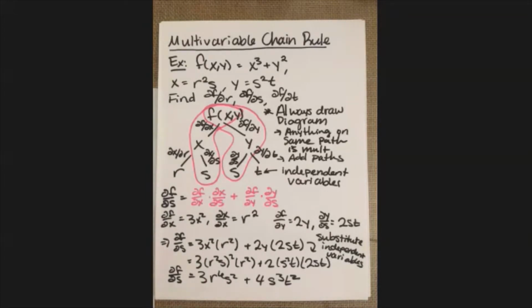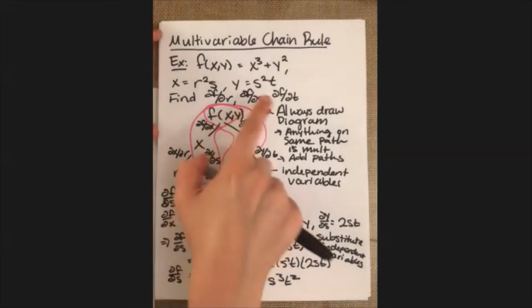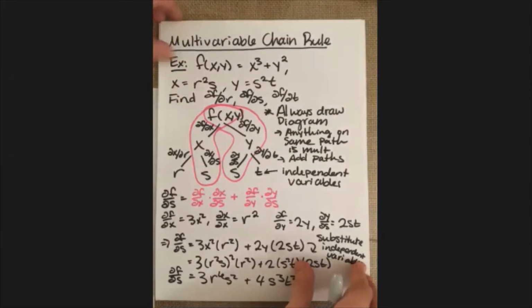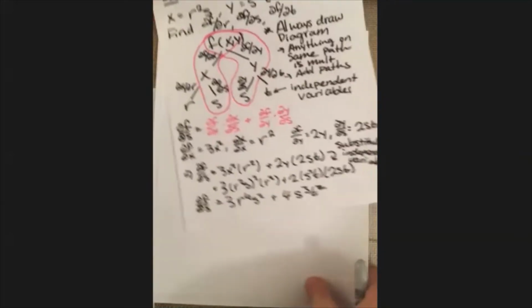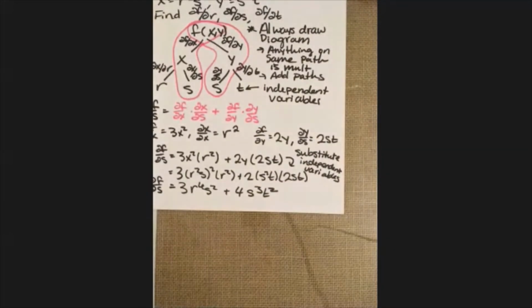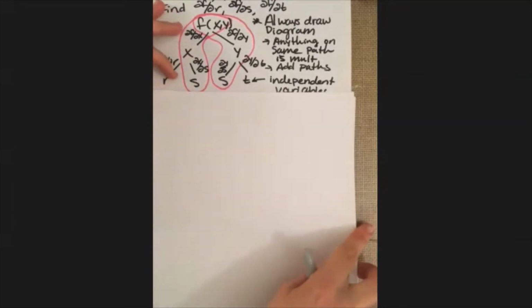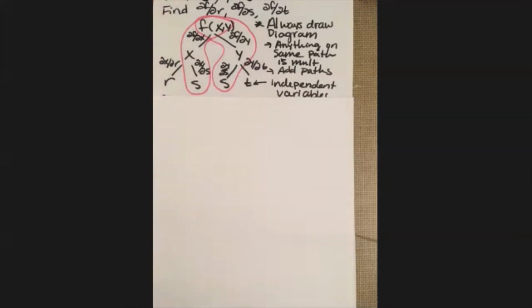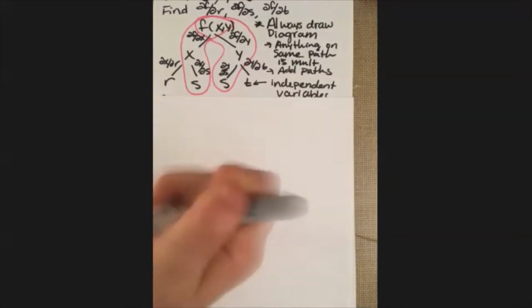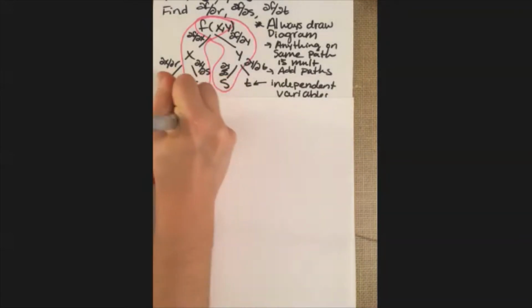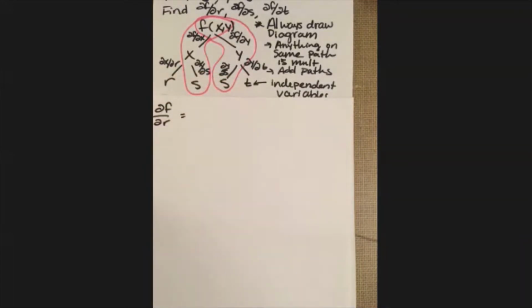Okay, let's apply this same idea to get, let's see here, what's next? df/dr. So let's try to get some space here because I still want to be able to look at this tree. Okay, so for df/dr, this is going to be equal to, we want to go from f down to r.